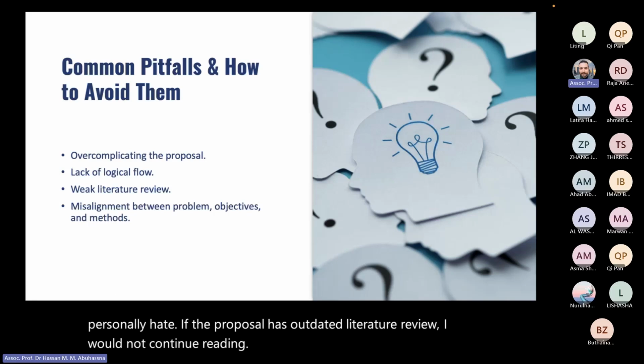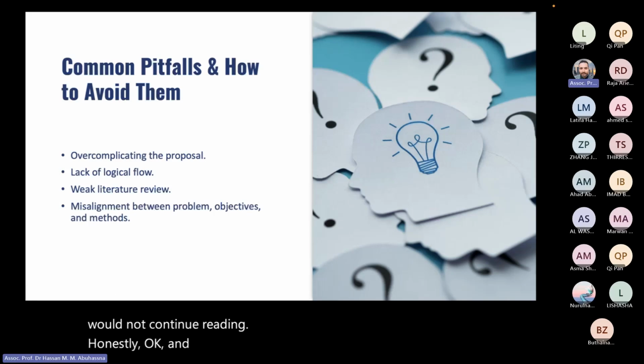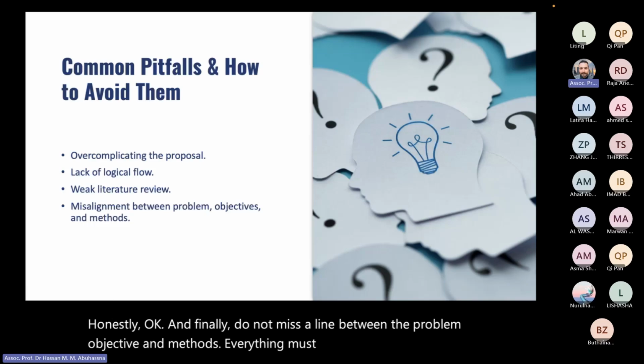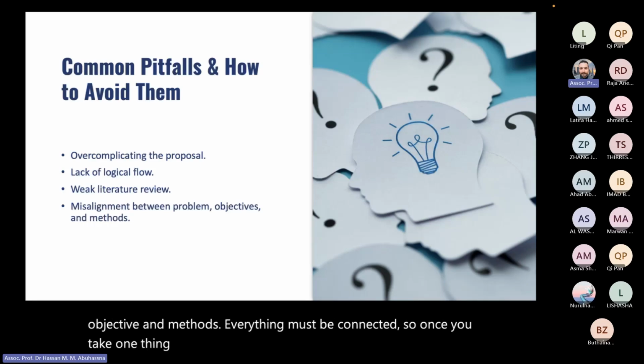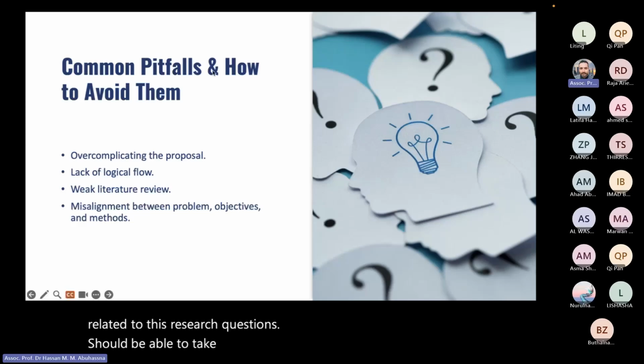And finally, do not misalign the problem, objectives, and methods. Everything must be connected. So once you take out one research question, everything related to that research question should be able to be taken out as well, right?